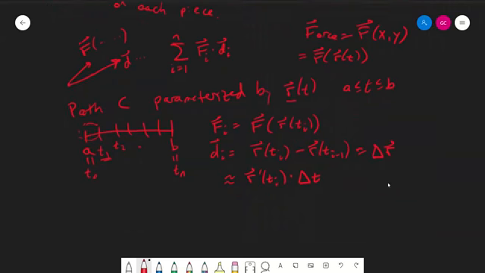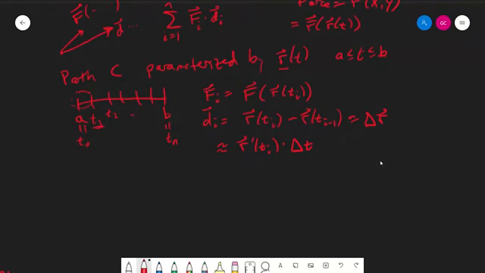And so what happens then is we end up with the sum from i equals 1 to n of F of r of t sub i, that was my force vector F sub i, dotted with r prime of t sub i, and then times delta t. And of course, really what I want, if I want the actual work, that should be the limit of that as n goes to infinity.